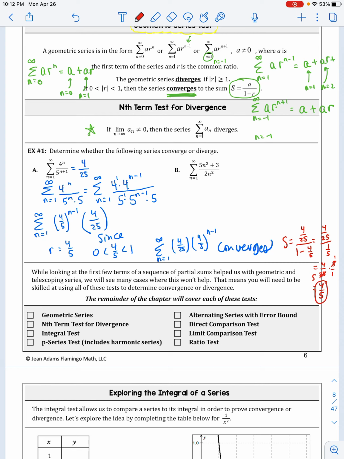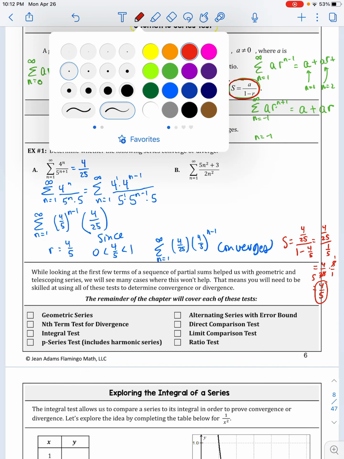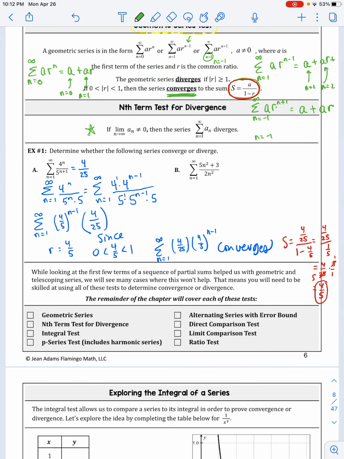So it actually converges to 4/5. Okay? We got that by just using our formula for the sum of a convergent geometric series. If it wouldn't have been convergent, of course, we couldn't have used the sum. But it was convergent, so we were able to.